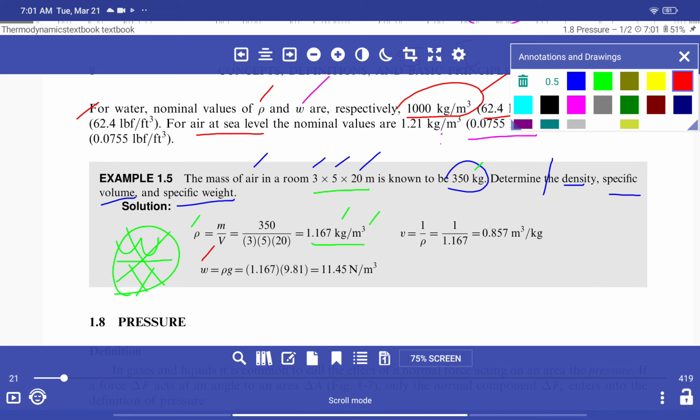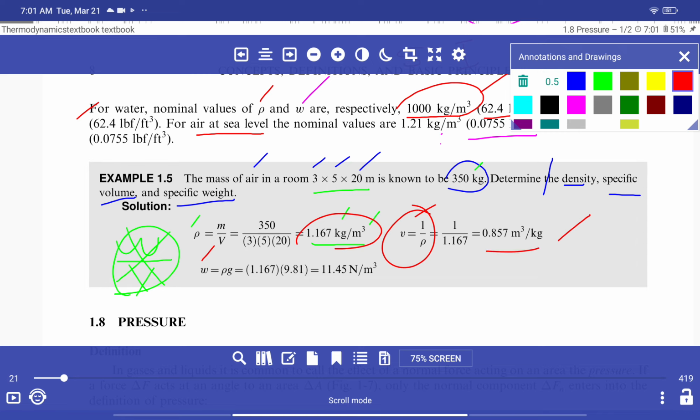Specific volume is just the reciprocal of density. It's very easy. Once you have the density of your air, which you have already calculated, 1.167, plug into this formula: 1 over density, that is your specific volume.